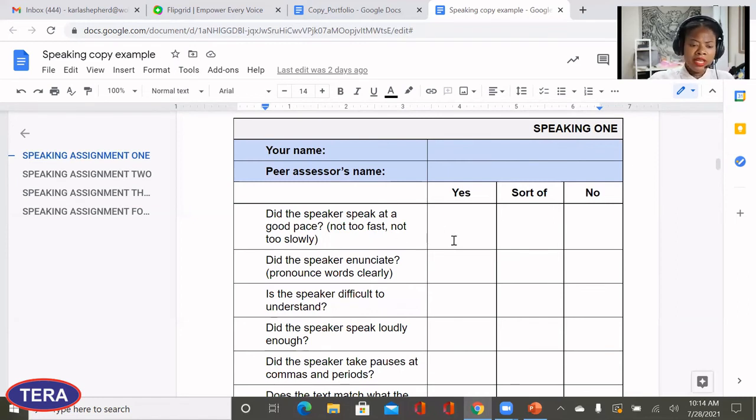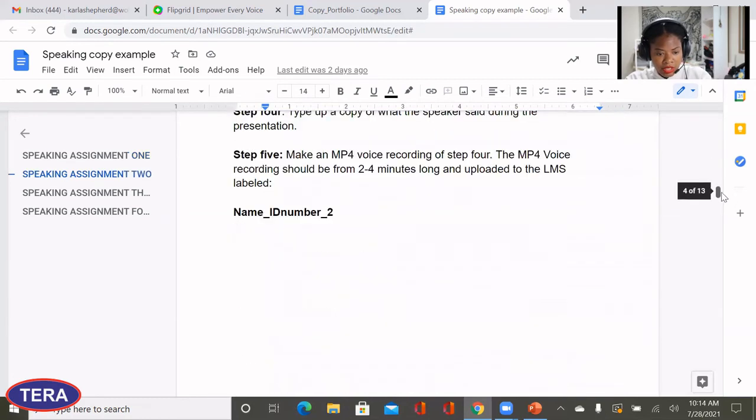Did the speaker speak at a good pace, not too fast, not too slowly? Did the speaker enunciate? Did they pronounce words clearly? Is the speaker difficult to understand? Did the speaker speak loudly enough? So on and so forth. Okay, and that's pretty much the listening and speaking course.